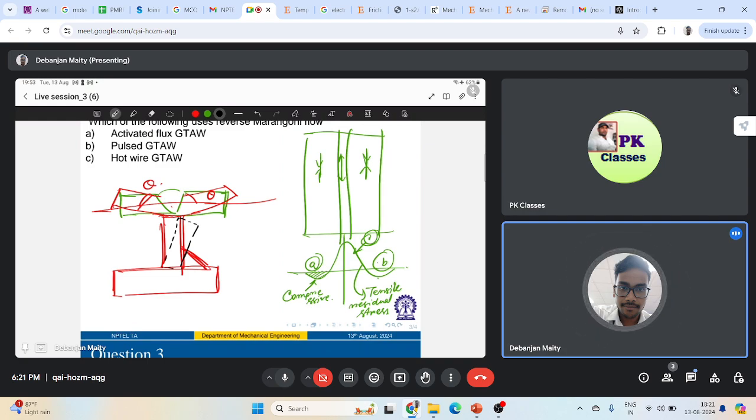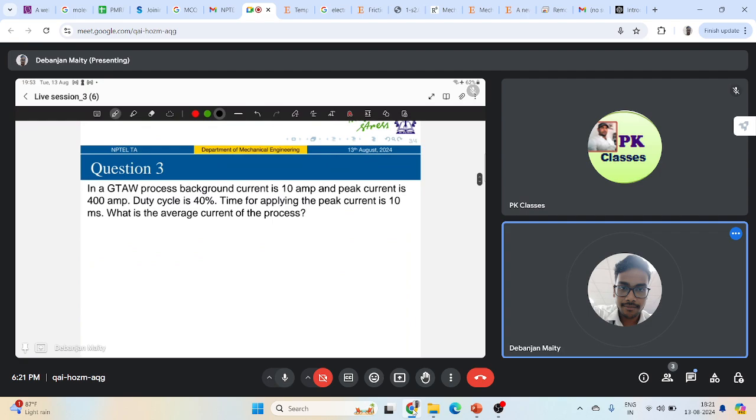So this is a procedure for reduction of distortion due to residual stresses, right?